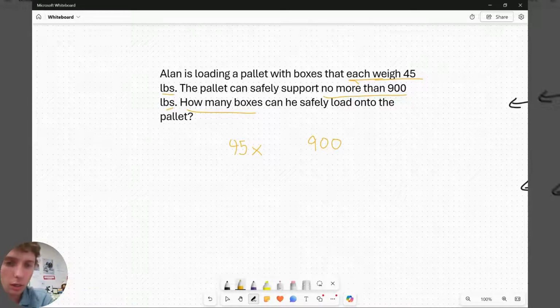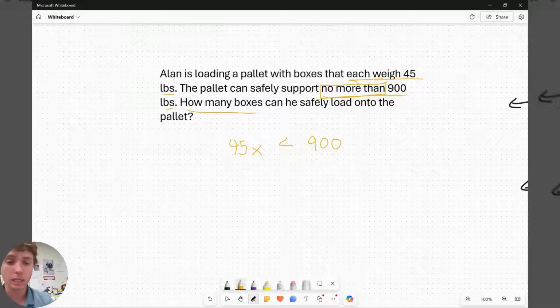Now, there's one key phrase in this problem. It says no more than. Well, that means it's the opposite of more than. In other words, the weight has to be less than that 900. We know it's not allowed to be greater than 900.